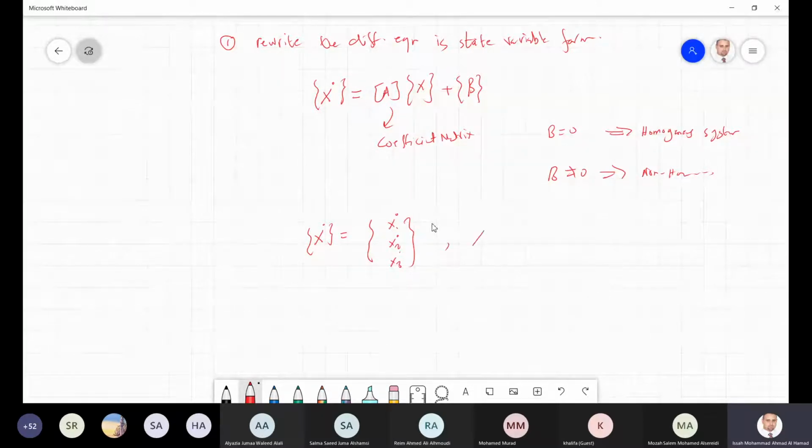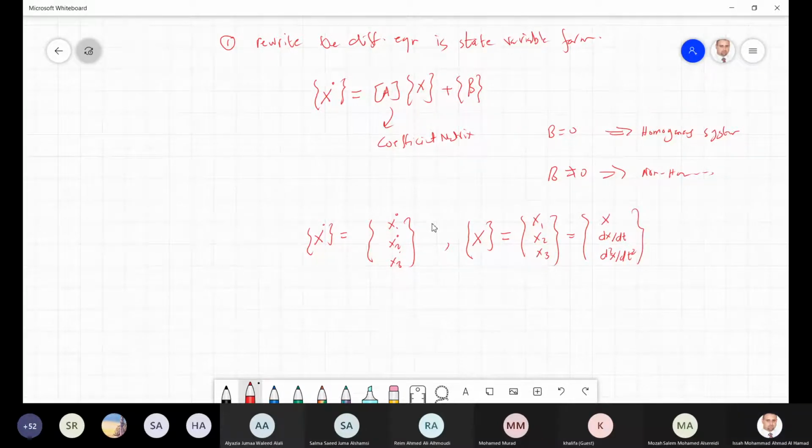And the x vector equals x1, x2, and x3. Okay? And this is equal to x1 is x, x2 is the first derivative, x3 is the second derivative, and so on.